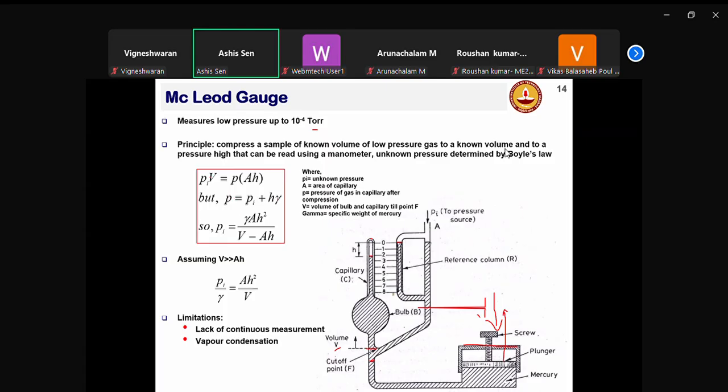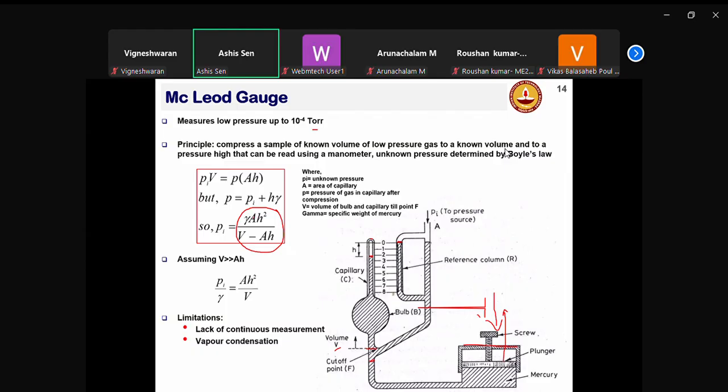If you use these two equations and substitute P with Pi plus H gamma, and simplify, you can show that this source pressure Pi is given as gamma A H squared divided by V minus A H. So you can find the source pressure just by measuring this height difference H between this mercury meniscus here and this mercury meniscus on this limb.